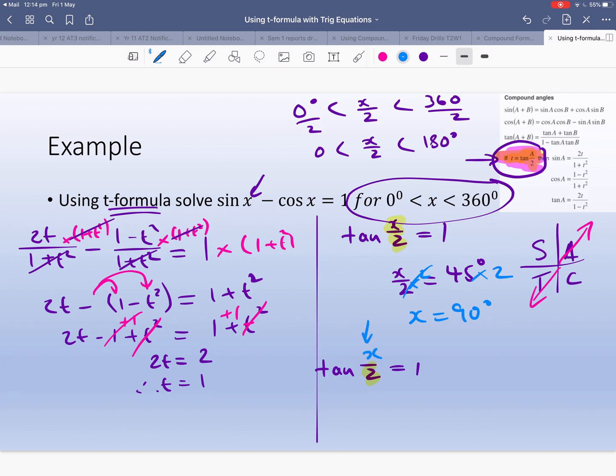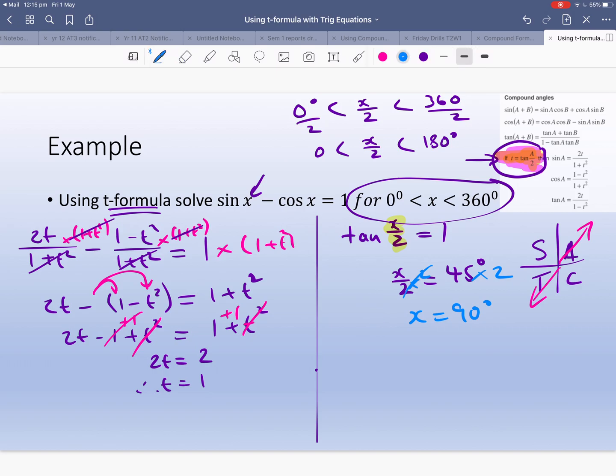We can't have x to be 180 degrees because 180 divided by 2 is tan 90. And we know that tan 90 does not exist. There's an error, okay? We can't do it. So we always have to test for 180 because of this thing happening here. So we need to include that as part of our working out.